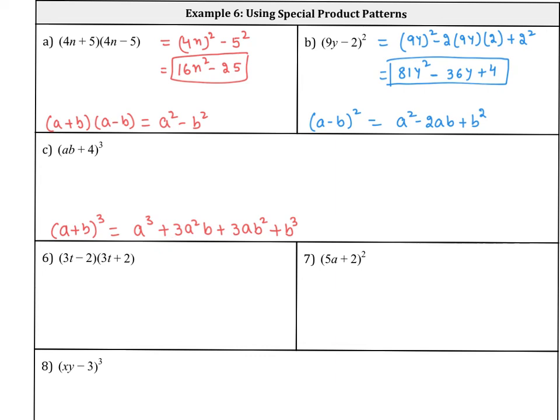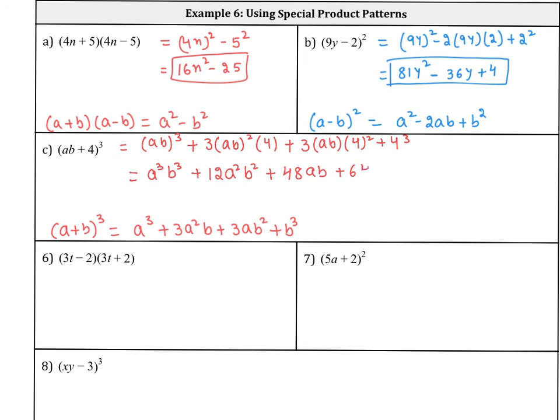So I'm going to use ab as my a, so that's going to be ab cube plus 3 times ab squared times 4 plus 3 times ab times 4 square plus 4 cube. So that's going to be a cube b cube plus 12a square b square plus 48ab plus 64.